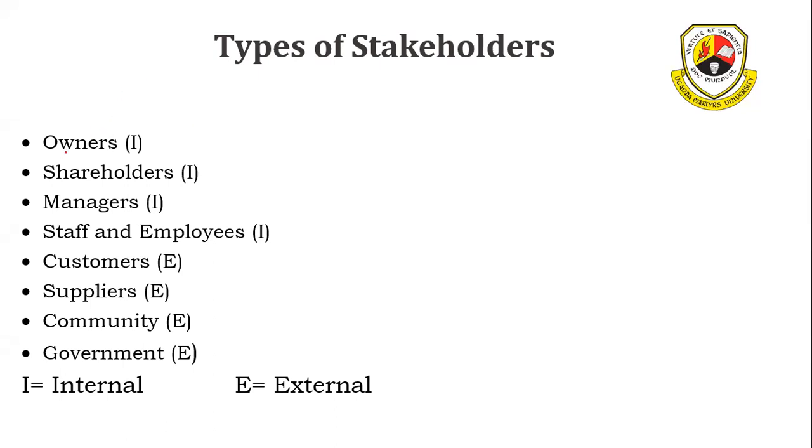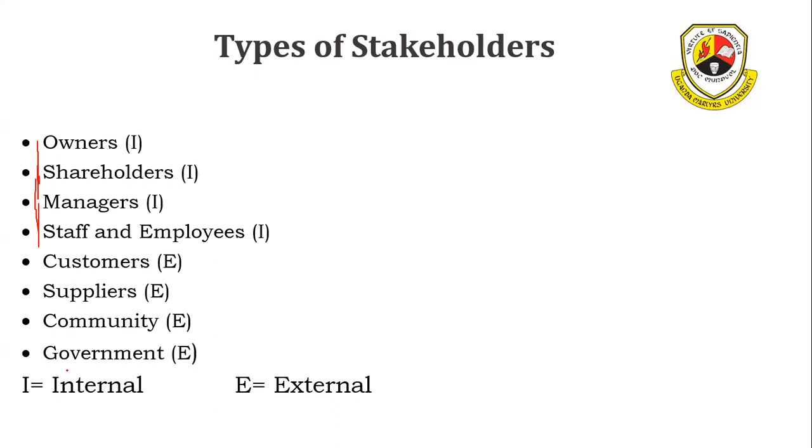In the first four that we see here, we have our internal stakeholders. We have the owners of an organization, the shareholders, the managers, staff, and employees. We shall see these in detail one by one. Then you have the external, where you have the customers, the suppliers, the community, and government.